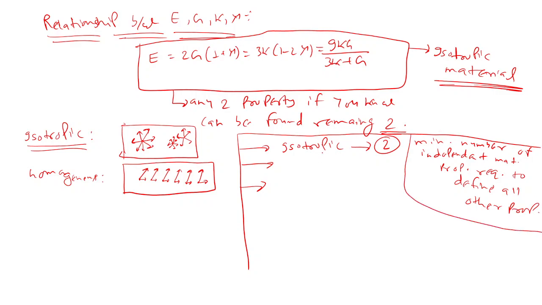So for the isotropic we need only 2, because if we know any 2 properties we can define all the others. And for the orthotropic, what is the orthotropic material? Can anyone define? Sir, its properties are different in different directions. No, I am asking about orthotropic, not anisotropic.